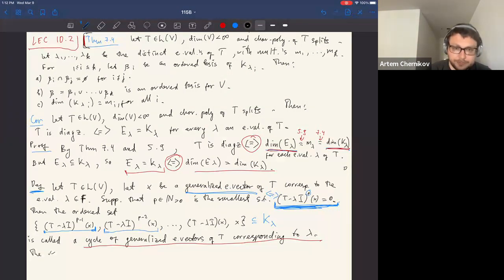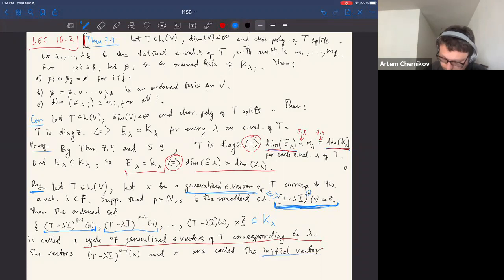So the vector (T - λI)^(p-1)(x) and the vector x are called the initial vector and the end vector of this cycle, respectively.